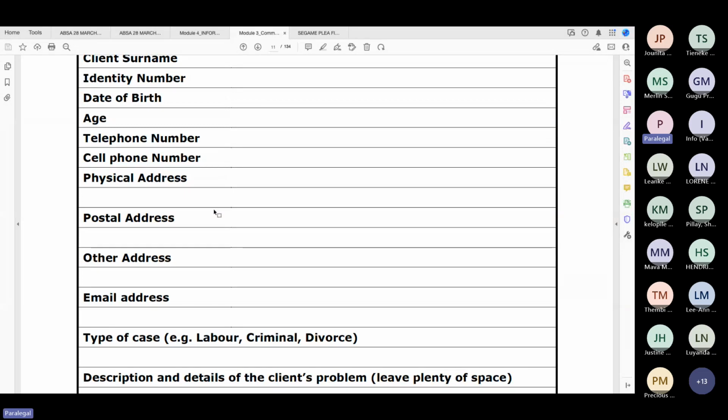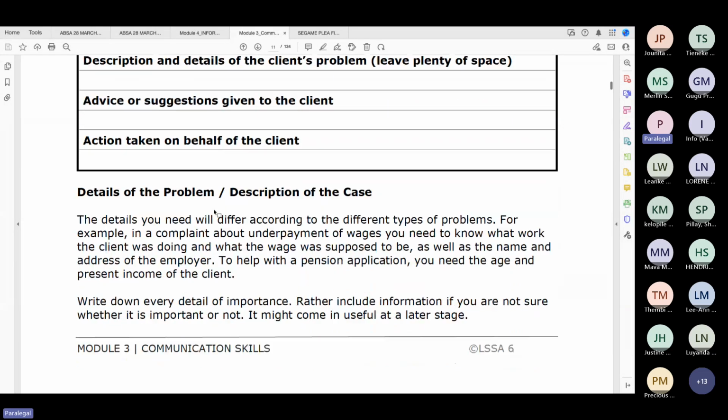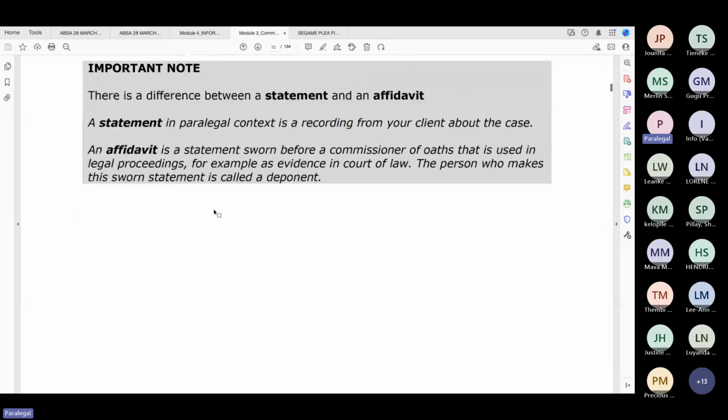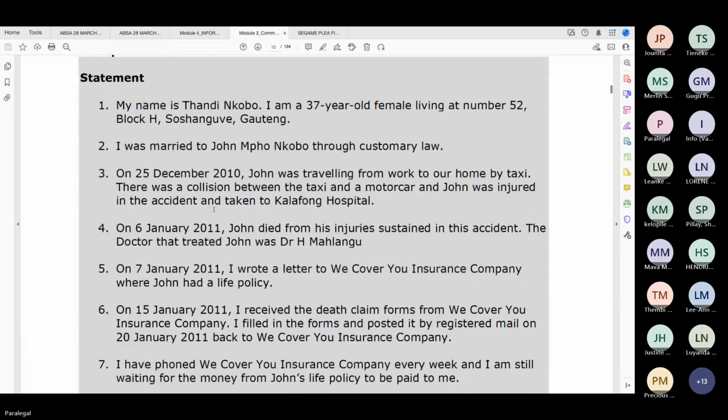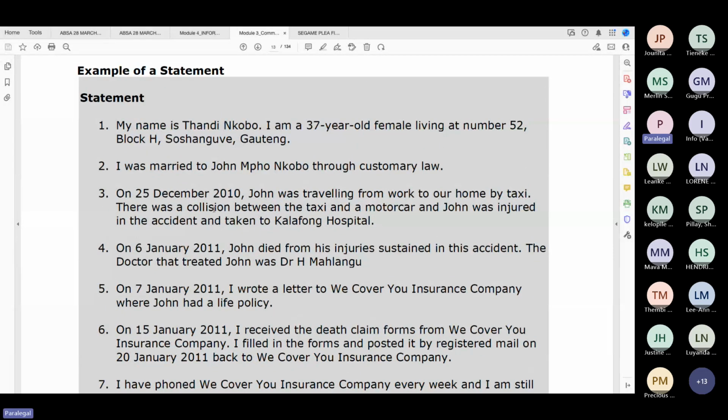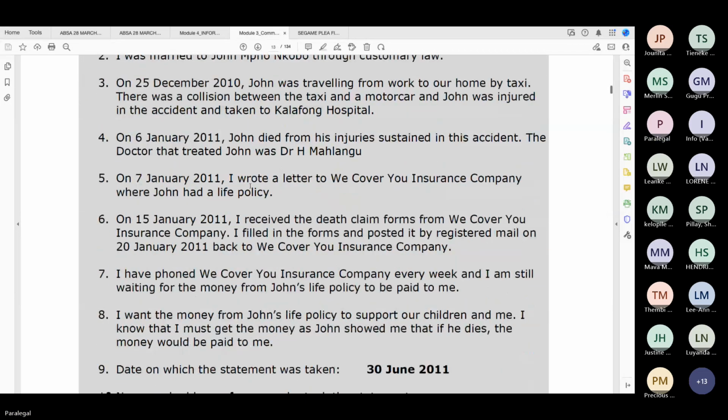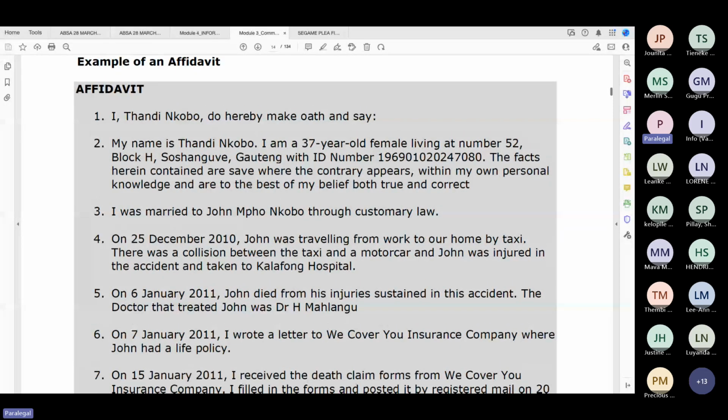Just basic information. But when you're completing the form, you know that the next step you need to take is the statement. When you're taking the statement, you want to follow the WWWH so that it will assist the attorney to draft an affidavit.